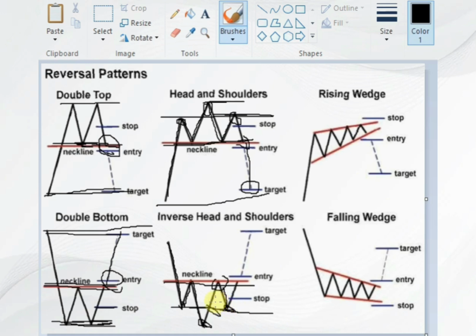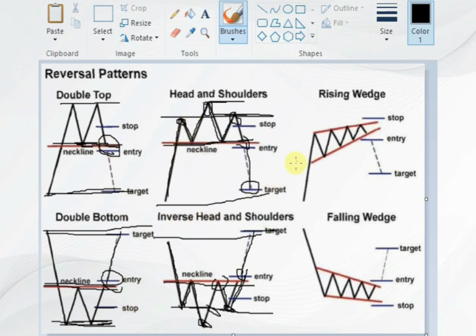Retesting the support level, you want to see the market break above this resistance point, giving us a candlestick confirmation to go bullish, with our target at the next resistance level.